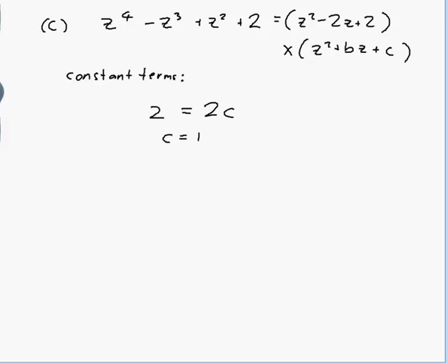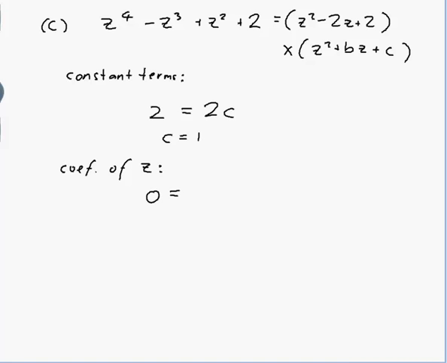And then I can compare the z terms. So coefficients of z. So on the left hand side, there's no z, just z on its own. So the coefficient of z is 0. And on this side, how would I get a z? So I could choose the minus 2z from the first bracket.